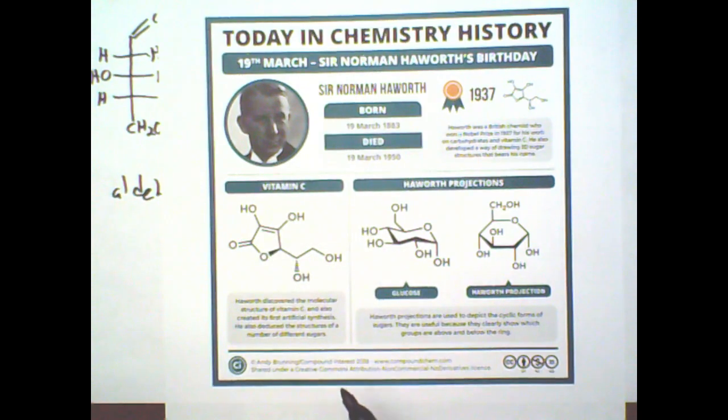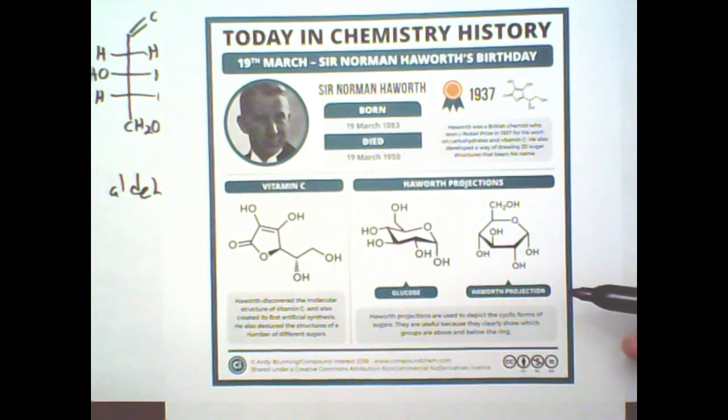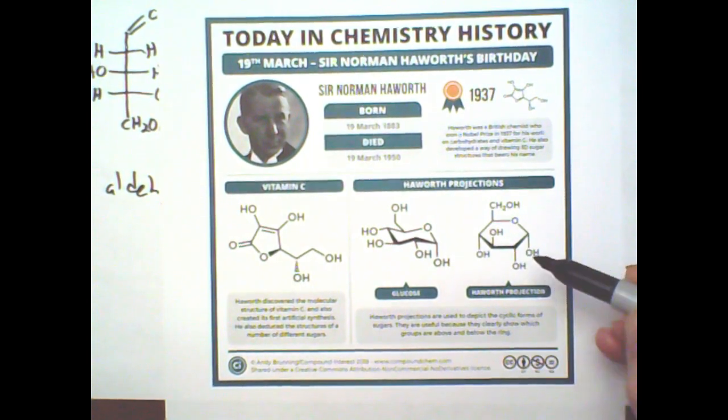Sir Norman Haworth developed this way of representing sugars, where these carbons in front come out towards you, and the back half of the ring is sticking back away, and then you can see which direction the OH groups go very easily. It shows you stereochemistry in an easy way to draw.